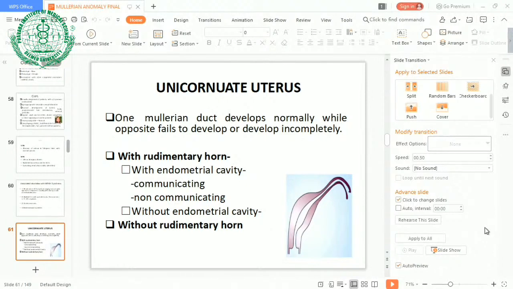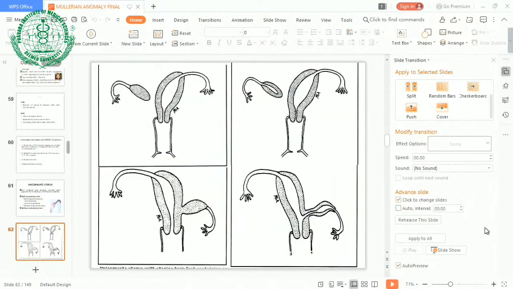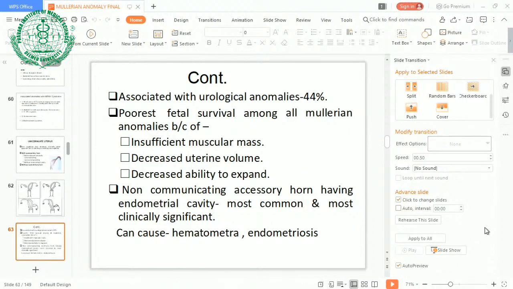So there are two variants: with rudimentary horn and without rudimentary horn. With rudimentary horn, the endometrial cavity may be communicating or non-communicating, or absent. This is how the diagrammatic representation looks.